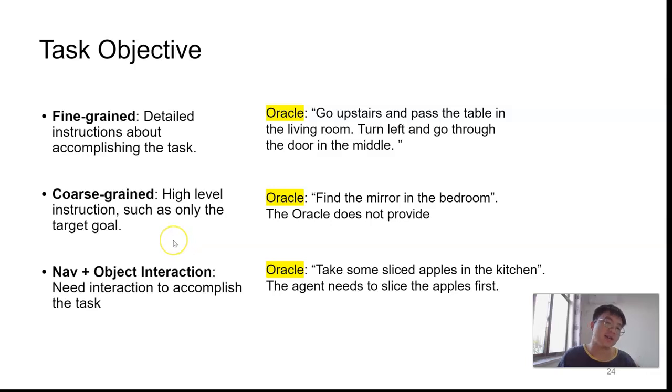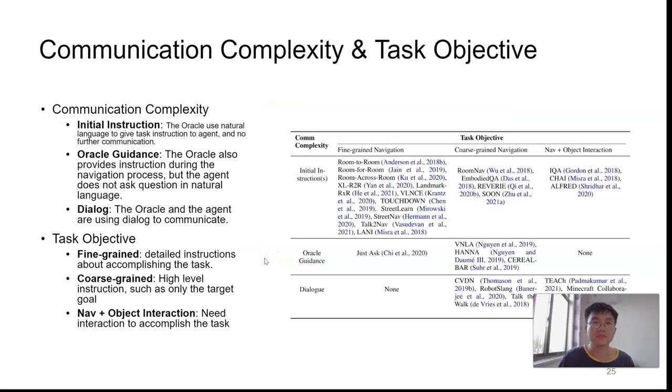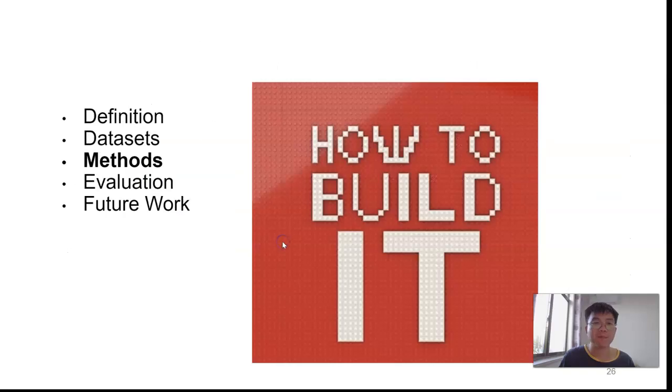Sometimes, if the task is too complex, then the agent needs to do both navigation and interaction to achieve the task. As you can see, with these two dimensions, we can categorize them into this table.